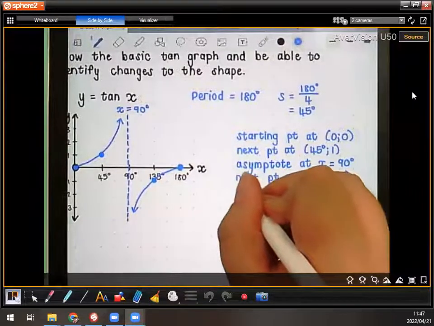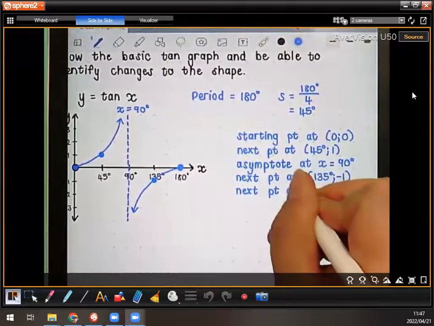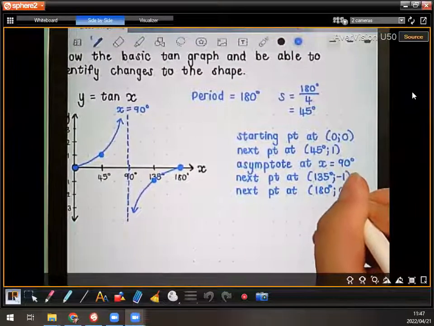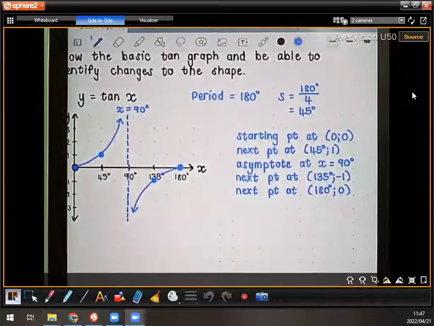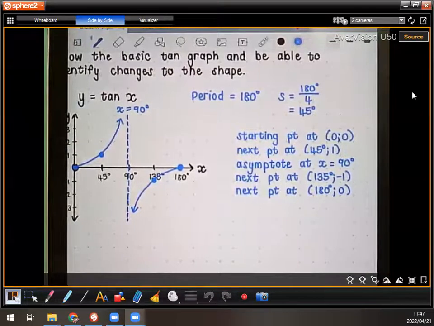And then the next point is going to be at 180 and 0. So guys, if that is not the case, if you don't have those points, then the equation is not just tangent.